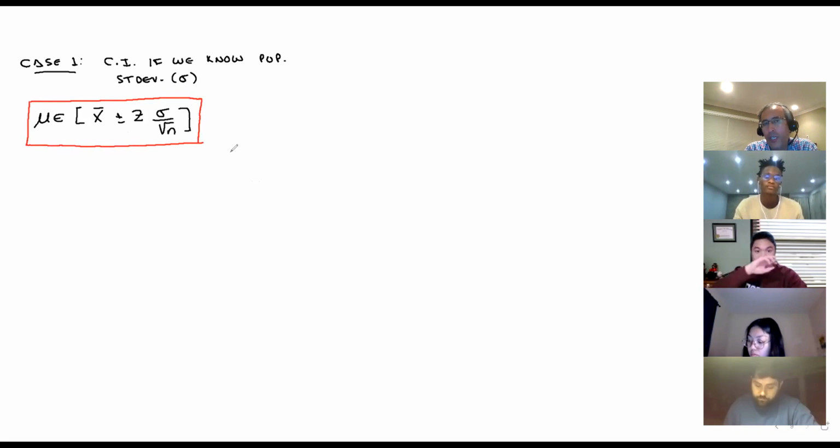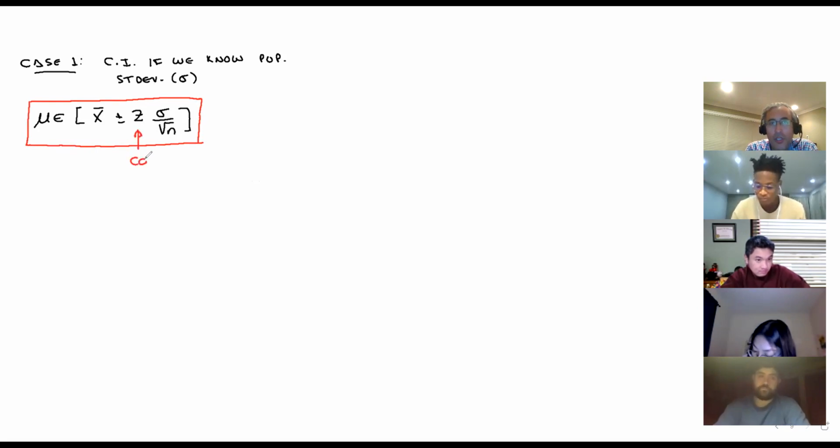Now take a look at my formula, guys. I know X bar, I know sigma because by assumption, and I know n, my sample size. What is the only unknown? This Z value, correct? And this Z value depends on something called the confidence level.